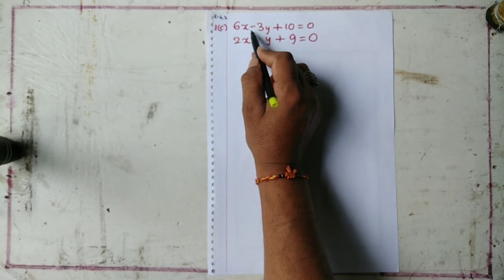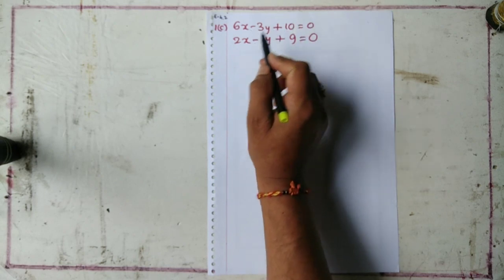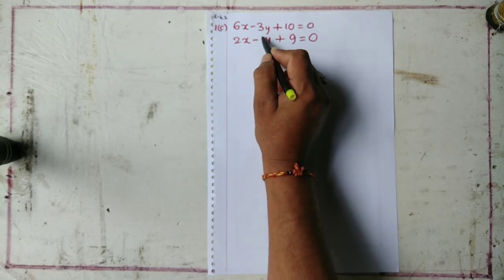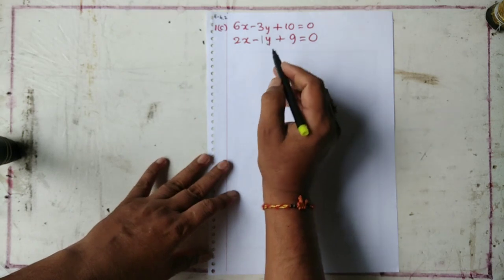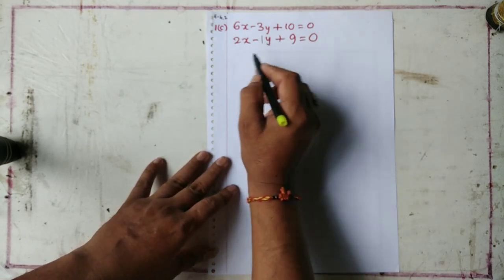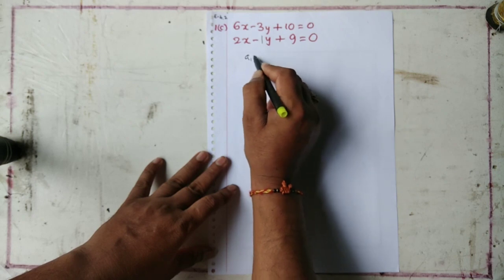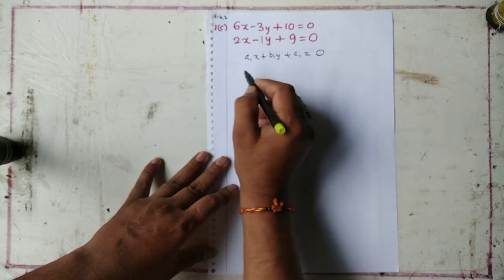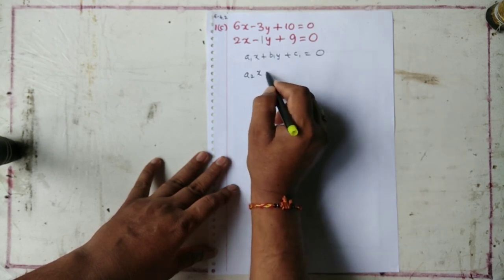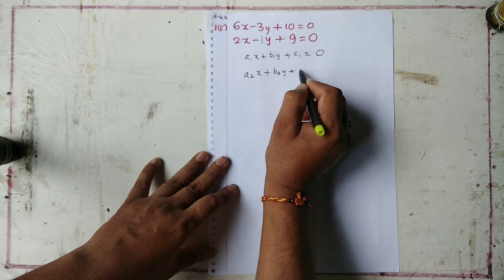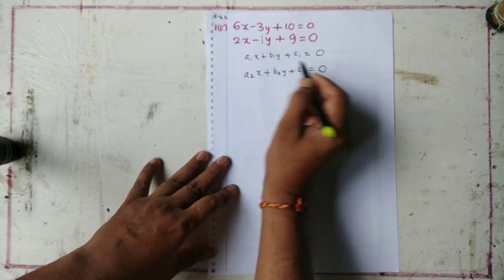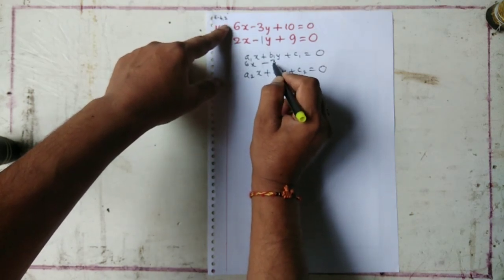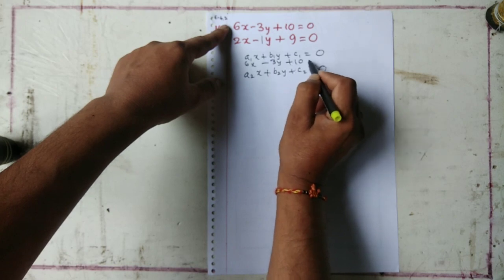C. 6x minus 3y plus 10 is equal to 0. 2x minus y plus 9 is equal to 0. Minus y means minus 1y. On comparing these given equations with the standard forms, a1x plus b1y plus c1 is equal to 0 and a2x plus b2y plus c2 is equal to 0.